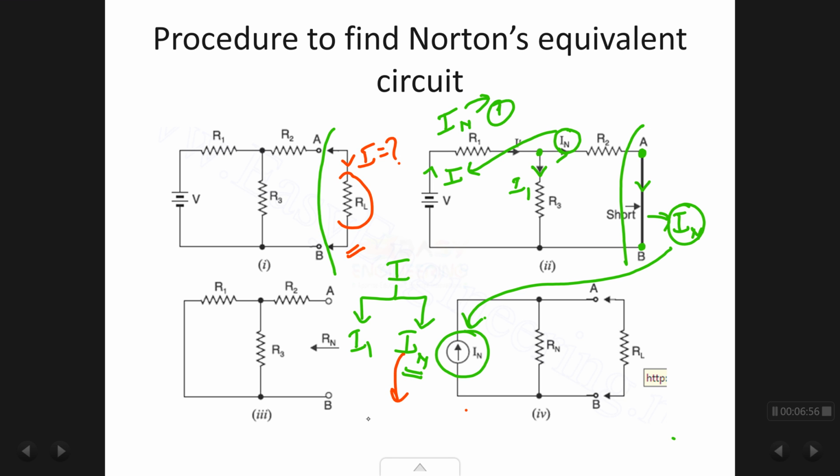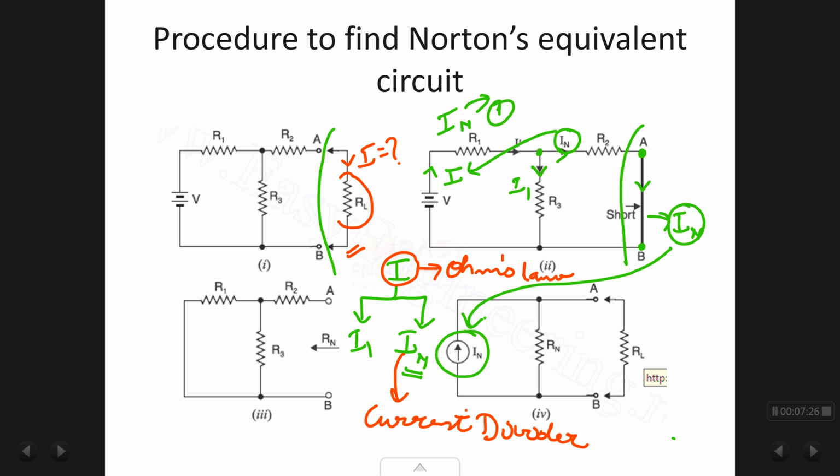To apply the current divider rule, I need to know my source current, and to find that current I will use Ohm's law. These are the steps by which I will find the current IN.